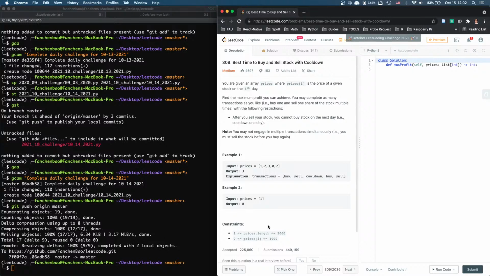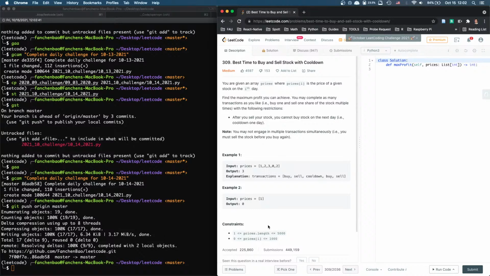If we buy from the empty state by 0, then we get 1. So minus 0, right? And then empty state is going to be 2. Cooldown state is going to be -1 plus 0, so it's still 2.